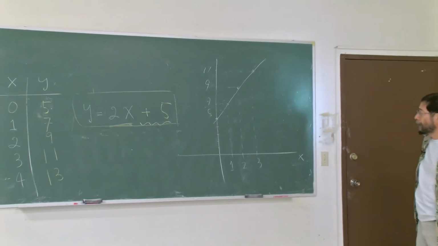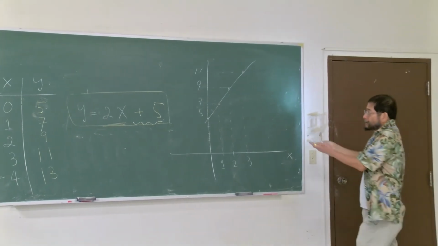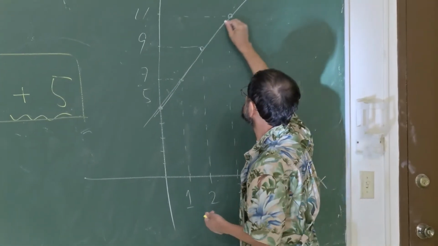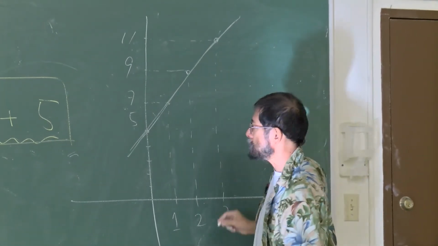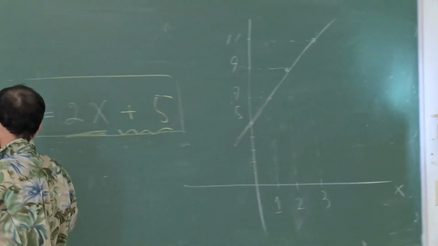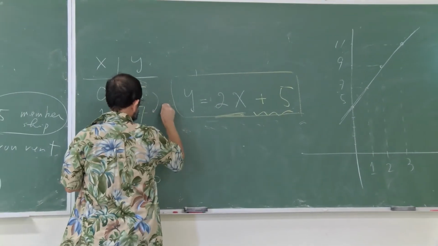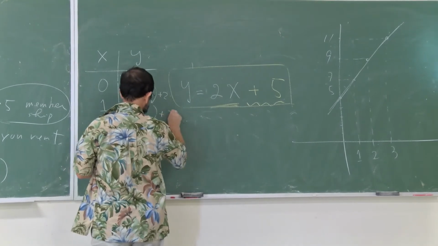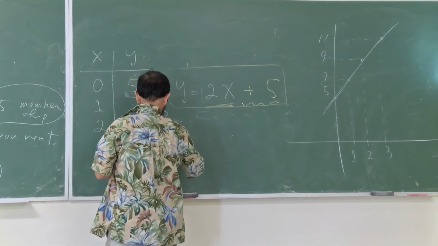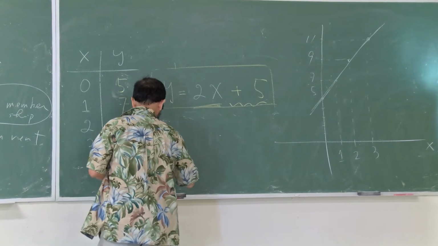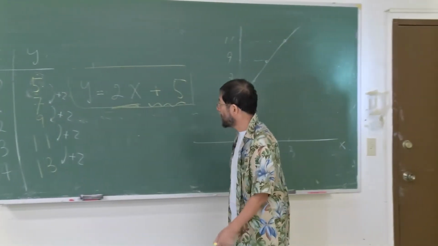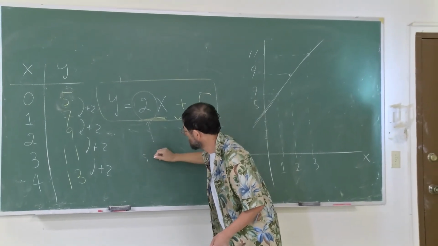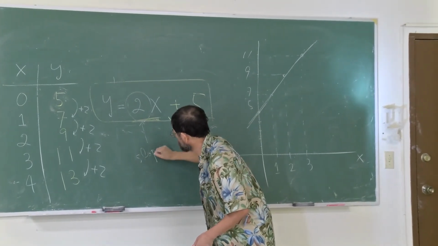And then, in particular, in this example, if you look at this, you can get the next value by keep adding 2. In this formula, this value is called slope.